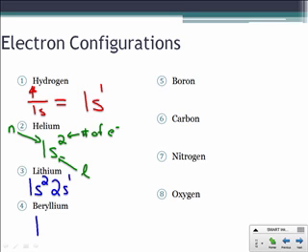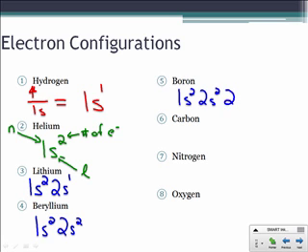For beryllium, we've got 1s2, 2s2. For boron, 1s2, 2s2, 2p1. For carbon, 1s2, 2s2, 2p2.